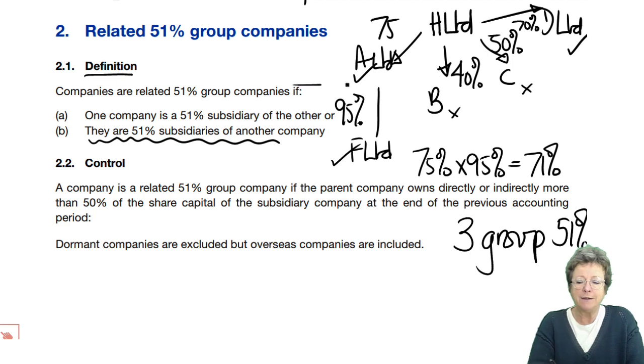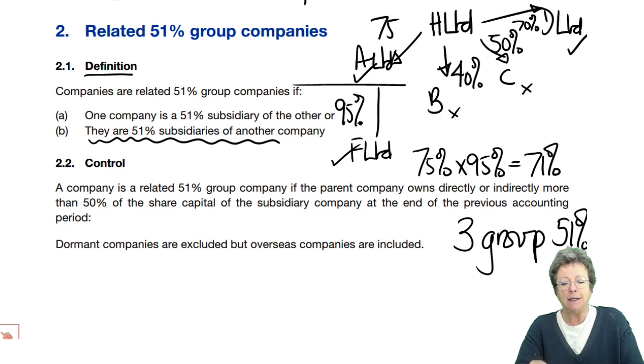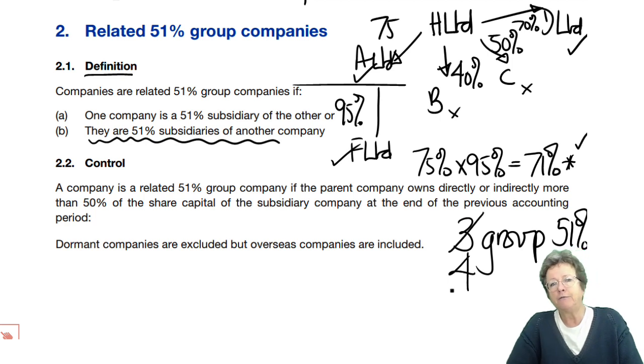Now, then we added in F Limited. A Limited owns 95% of F Limited, so the direct holding is 95%, but A is a subsidiary of H. So H's indirect holding of F Limited is 71% through A, and therefore that is also more than 51%, so it's actually a 4 company group.